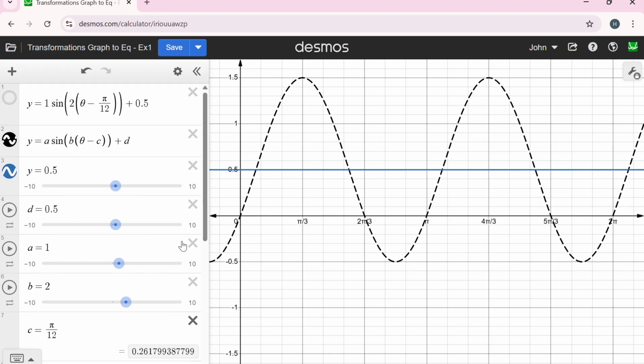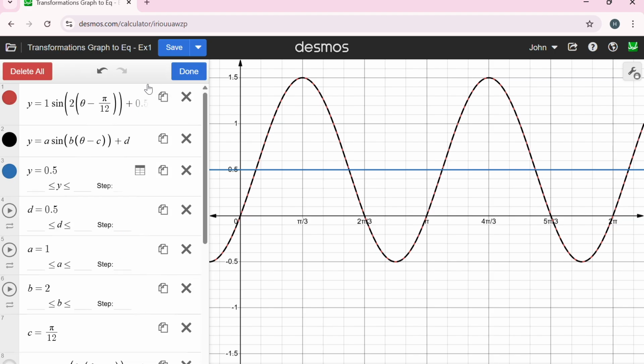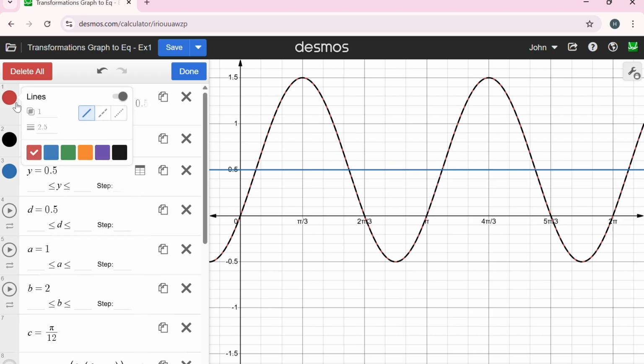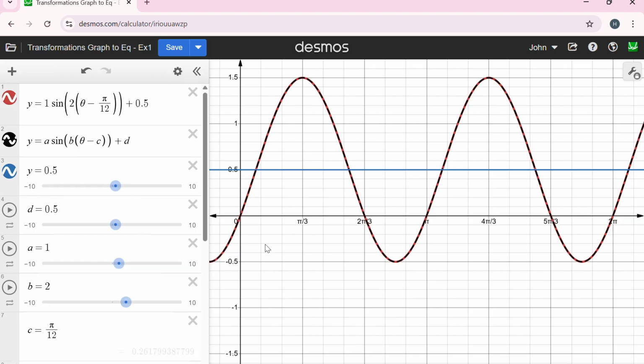All right. Is that our graph that we transformed? Well, I'm going to turn on this top one here in red, and sure enough, let me just make it a little bit darker. Let's go 4.0. Okay. So did we do it correctly? Did we read all the A, B, C, and D parameters correctly off the graph?